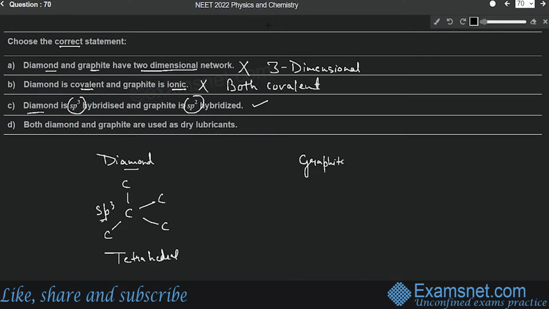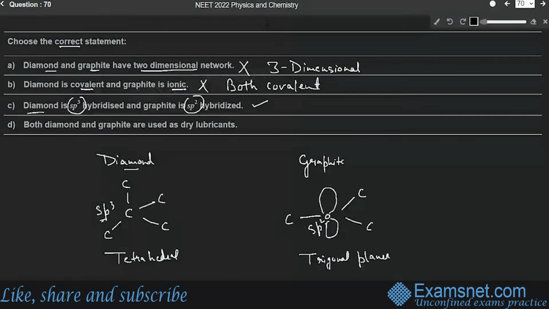Here, the shape is trigonal planar because each carbon is attached to 3 carbon by sigma bond and the fourth electron forms a pi bond. Okay, so this is trigonal planar in shape and this central carbon is sp2 hybridized. Okay, so option C is the correct one.